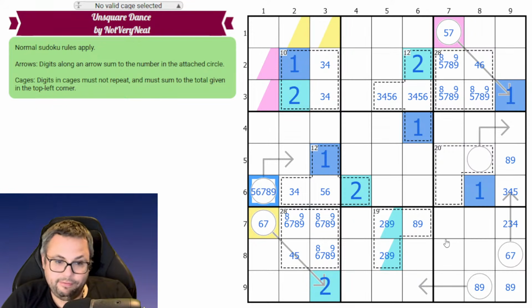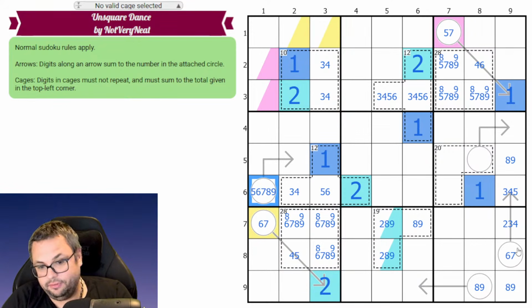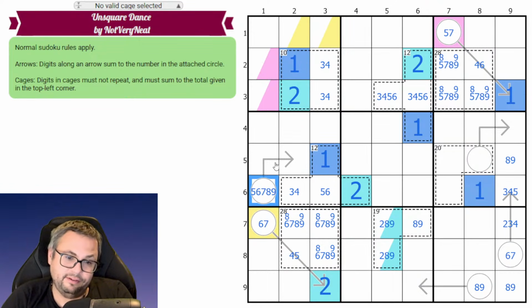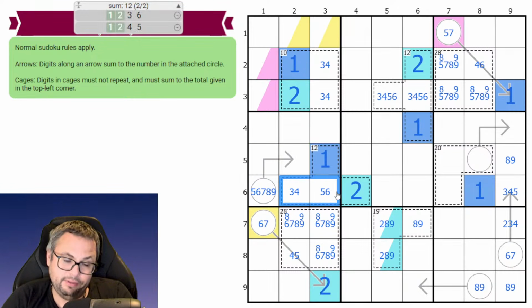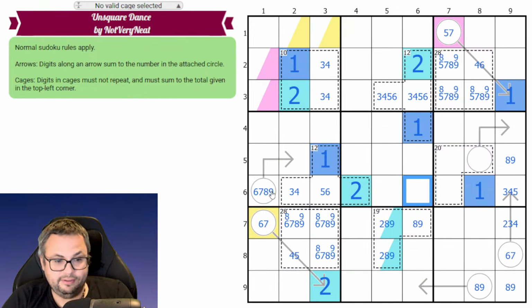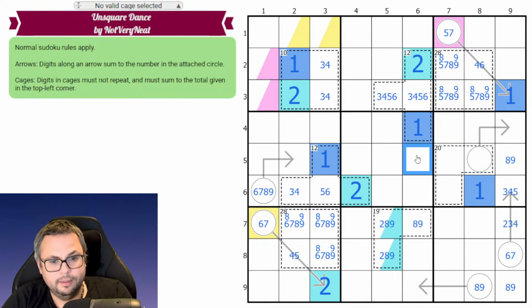And this can't be a 5 for similar reasons. This is the one that AFK was actually looking at. I just looked at a different 5 arrow. If this is a 5, it would have to be 2, 3, and now this doesn't work. So this is a 6, 7, 8, 9. 6 would be 2, 4. That also doesn't work.